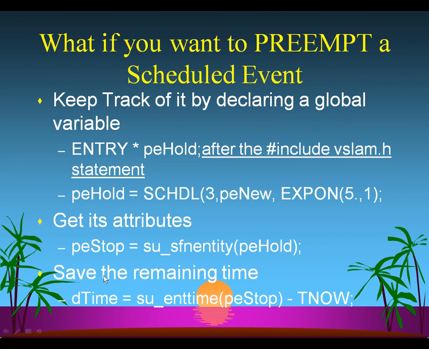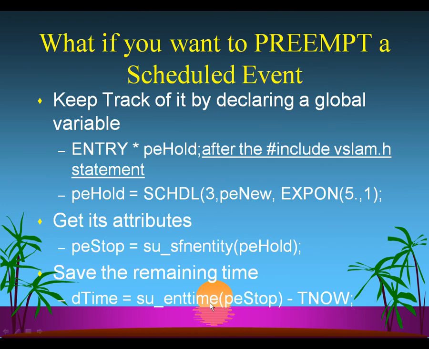and then maybe save the remaining time for the event by using this function su_int_time. Su_int_time is a special function that uses an entity pointer as its argument, and the entities that are stored in the event calendar, which is a special type of file, also have special attributes.